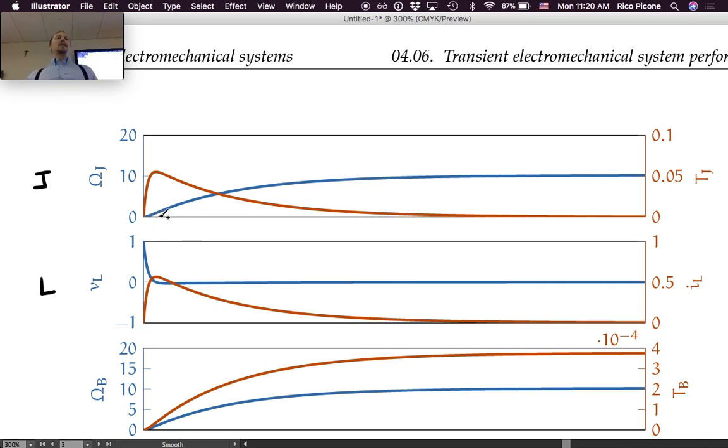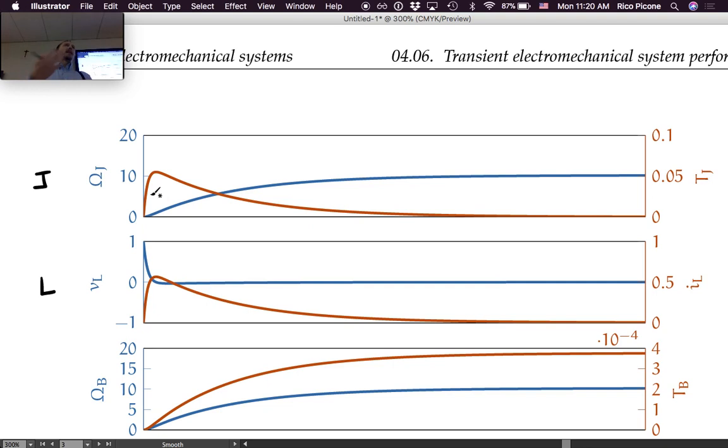So omega J does kind of what we would expect it to do, right? It goes from 0 radians per second to 10-ish radians per second. So it spins up to some approximately constant speed. The torque also makes sense, because early on we're flowing a lot of current to try to get this flywheel to spin up.